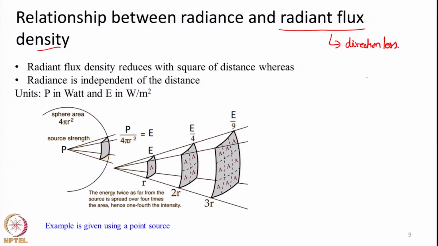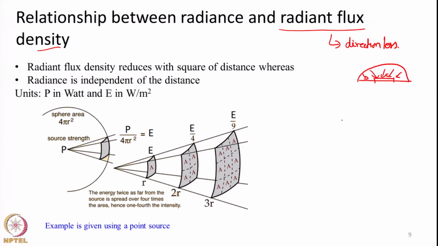Directionless in the sense that when we defined it, we put a hemisphere around the area, and whatever energy is either coming in or going out within the hemisphere is radiant flux density. We are not caring about which direction the energy is coming from; whatever energy is within this hemisphere, we take it.